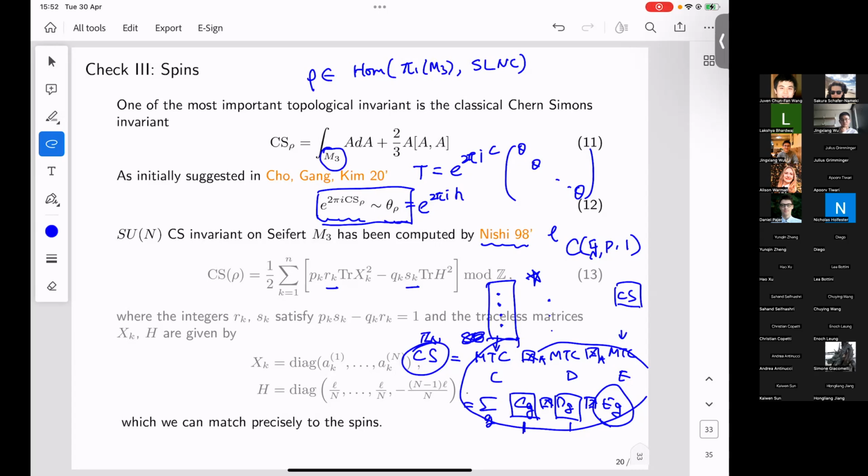Because you are proposing that all MTCs should be classified by Seifert manifolds and simply laced gauge groups, right? But it could come from something you didn't expect. For example, if you ask me what is Ising, I don't have a simple way to tell you which Seifert manifold gives you Ising, except doing calculations.